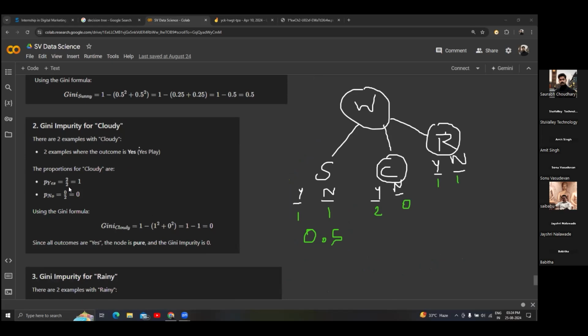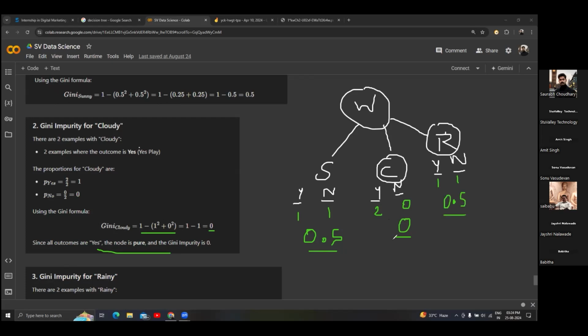If you calculate the Gini impurity with this formula, because yes is 100% and no is 0%, if you solve this you will get no impurity. It's pure, so zero impurity here. Here half impurity is there. There is zero impurity, and for this also you will find that it is half impure.